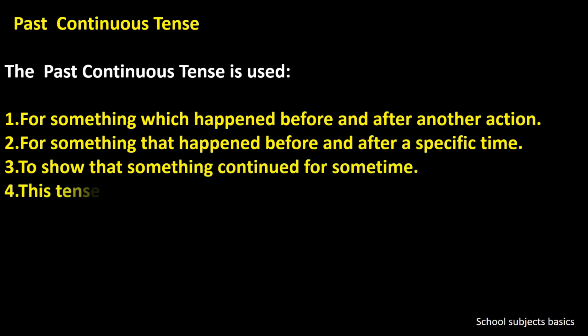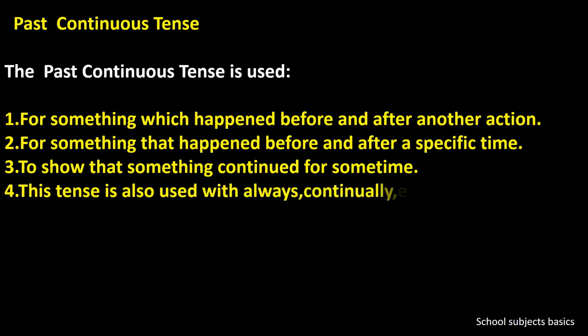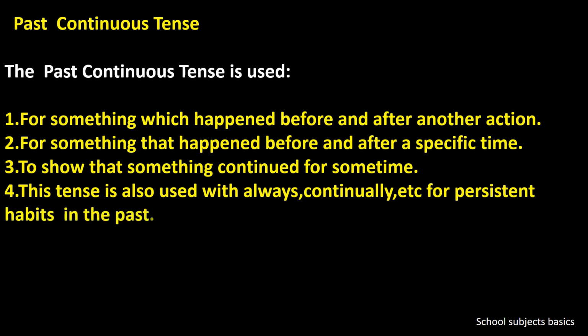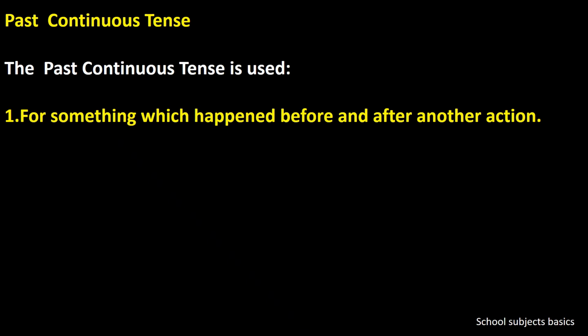And at the last, this tense is also used with always, continually, etc. for persistent habits in the past. So let's see one by one for better understanding with perfect examples.